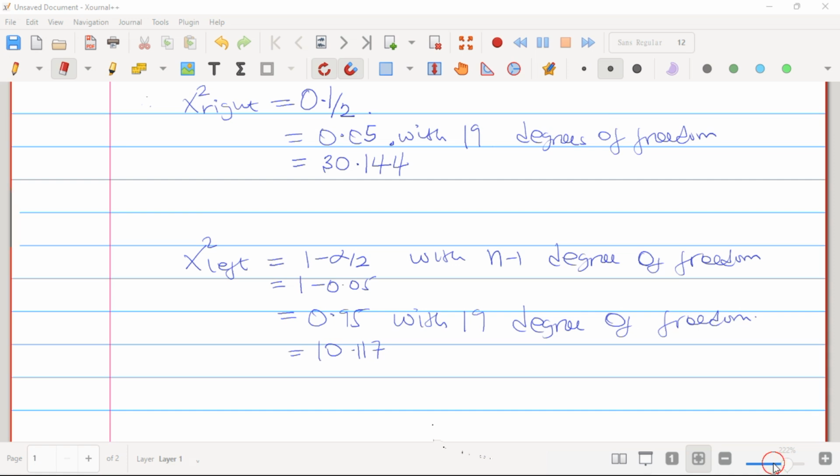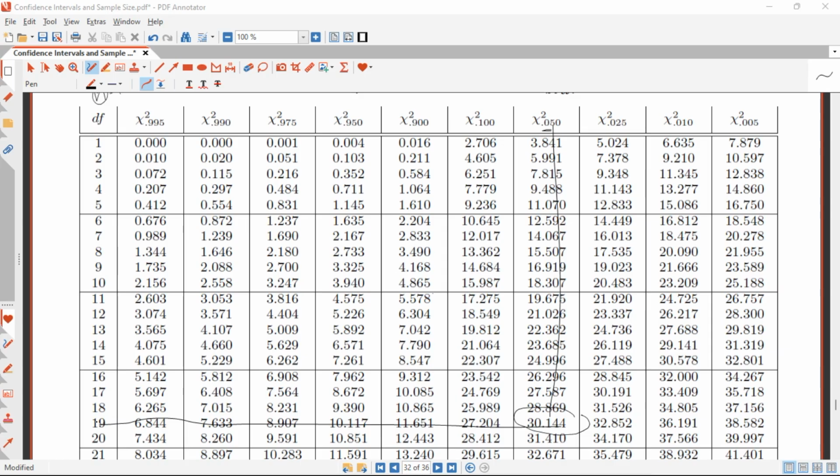So when we come here, you will see that degrees of freedom of 19 and chi-square subtract 0.95 is here. You can just trace it down, right? And when you trace the 19 down, they are meeting at 10.117, right?